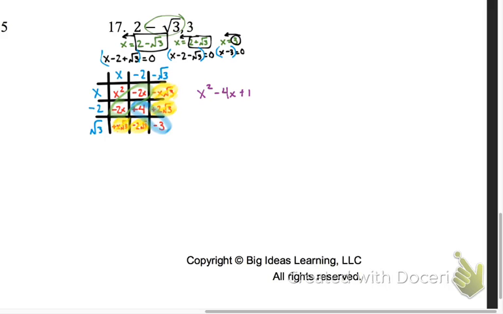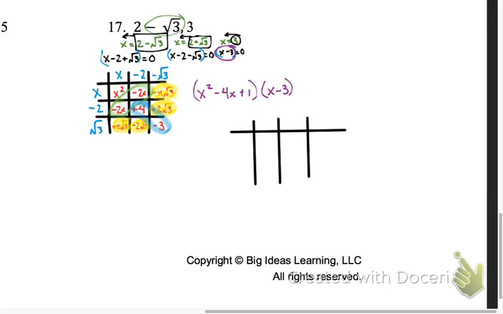Now, what do I do with that x squared minus 4x plus 1? What do I still need to multiply that with? The x minus 3 that I have right up here. Okay? It doesn't matter to me what you do if you go x minus 3 and you just do it that way, or if you, again, put it in a table and you do it that way, go for it. Okay?